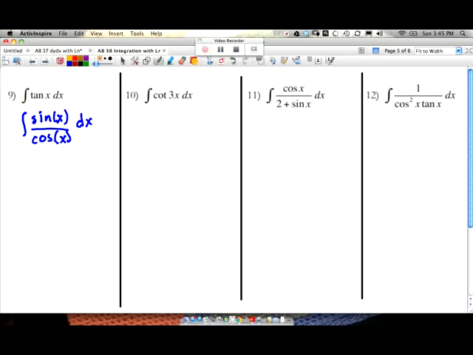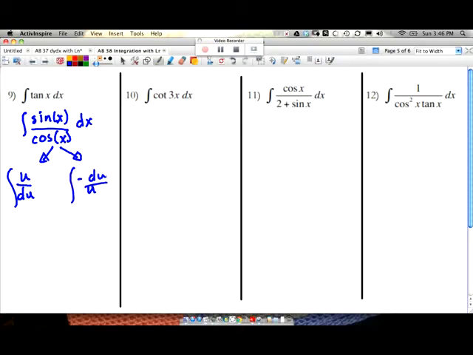So I got two options, and let's see which one looks more favorable. Let's say u was my top term, then the derivative would be the bottom term. Can we do that? I don't think so, but let's see what the alternative to that would be. If u was cosine x, the bottom term, then we would need a negative up in the top, so we'd have a negative du up top. Can we deal with that? Yeah, we can actually. So let's work that out.